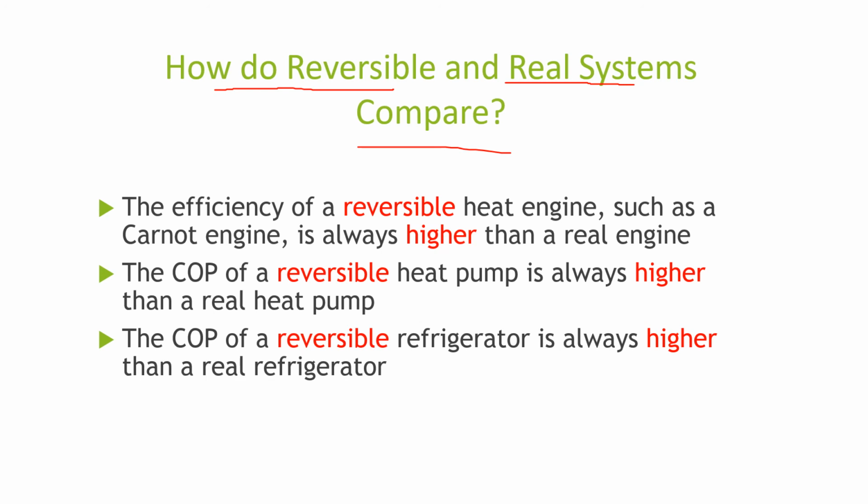So the efficiency of a reversible heat engine such as the Carnot engine is always higher than that of the real engine, and the COP of a reversible heat pump is always higher than that of the real heat pump. So with the refrigerator, the reversible one will have a higher COP than the real refrigerator because the real one is not reversible. That's all.